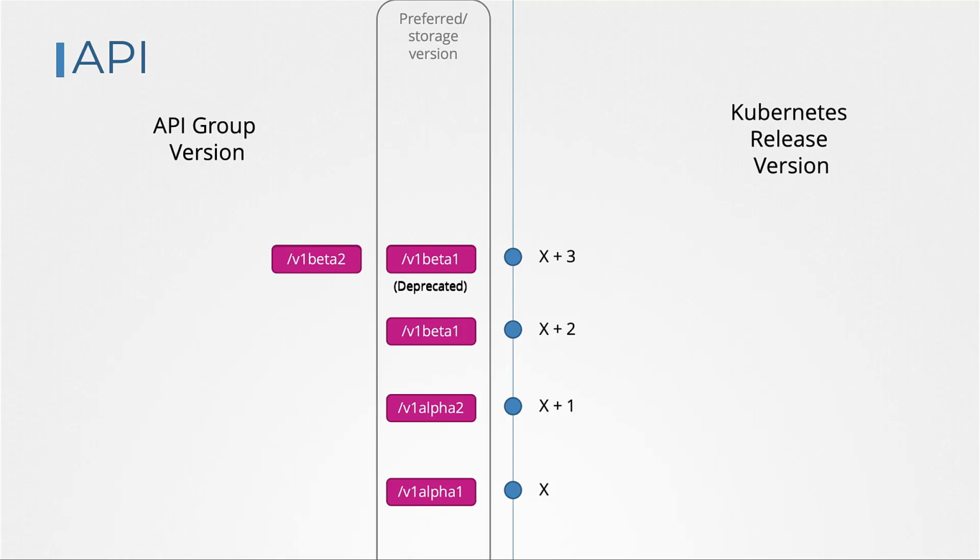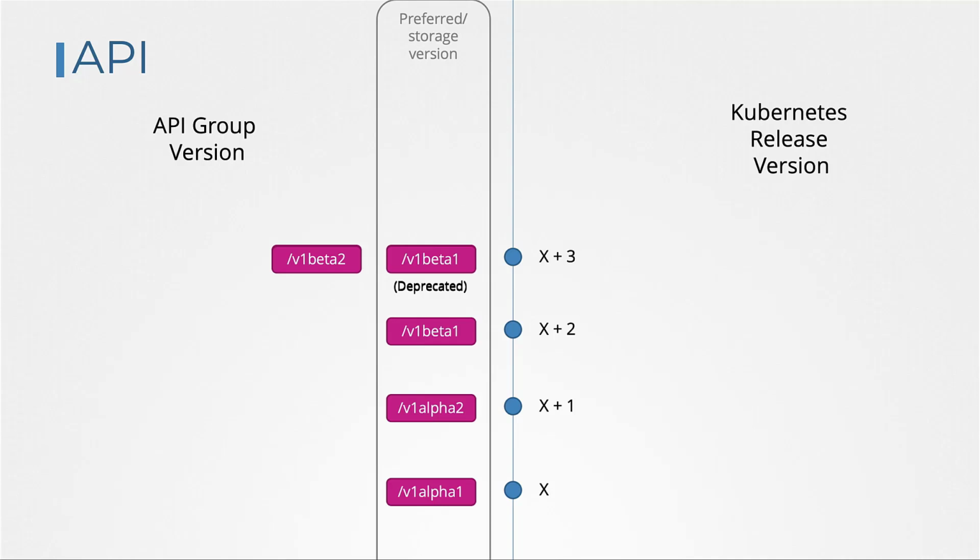And note that v1 beta 1 is only deprecated but not removed, so it's still part of this release. It's still going to be there for a couple of releases before it is actually removed. So if you were to use the v1 beta 1 API at this point, it would display a deprecation warning. Now also note that at this time, v1 beta 1 is continuing to be the preferred version.